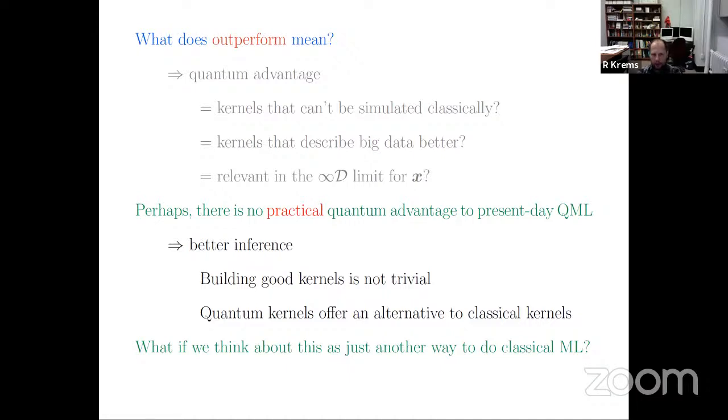Now the question is, can quantum kernels perhaps offer an alternative to classical kernels? What if you think of this simply as another way to do classical machine learning, but now by building kernels using quantum algorithms, so that there would be no quantum advantage per se, but it could be just another way to approach the kernel construction problem.